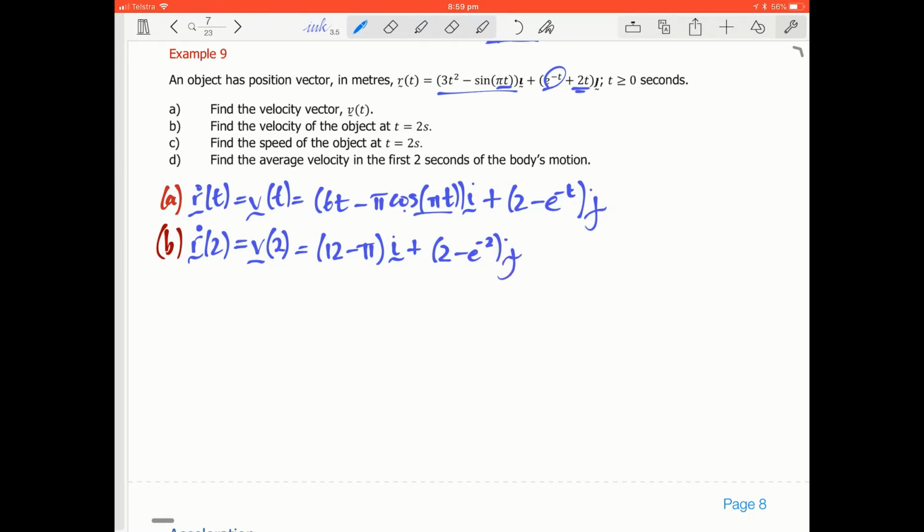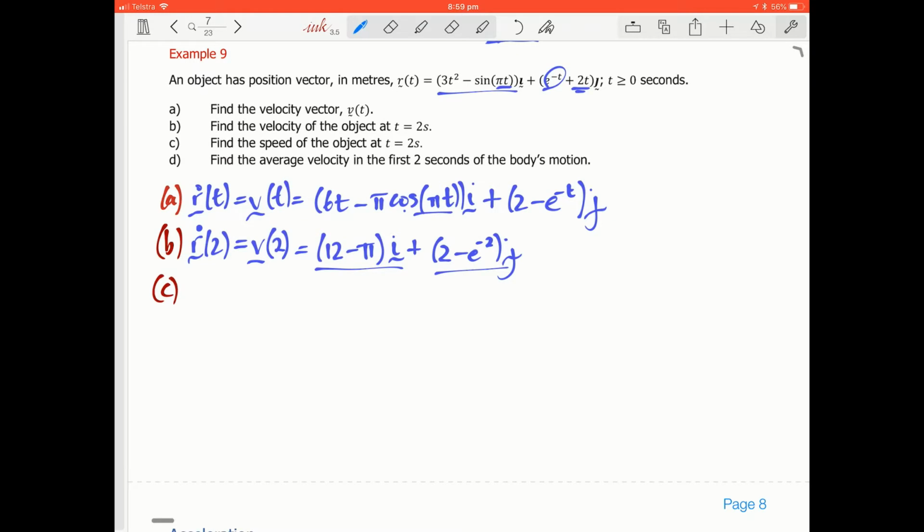And of course, that's our answer. We don't have to do anything else because our velocity has direction, which in this case is 12 minus pi in the i direction and 2 minus e to the negative 2 j, which is in the y direction.